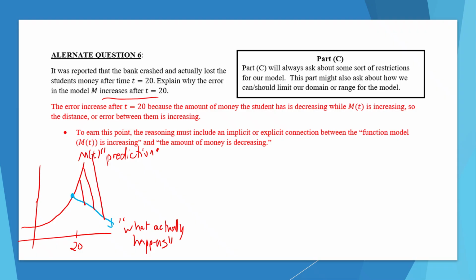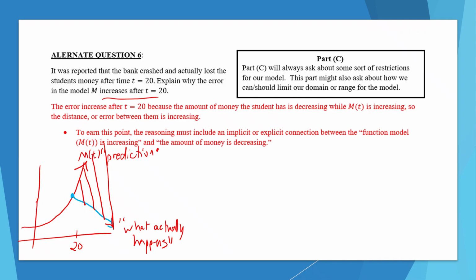And over time, that is going to really increase, right? Mainly because Model M is going to keep going up, and the amount of money in our bank account in real time is actually going to be going down. So our prediction's basically going to get more and more wrong over time just because the two functions are going in opposite directions.